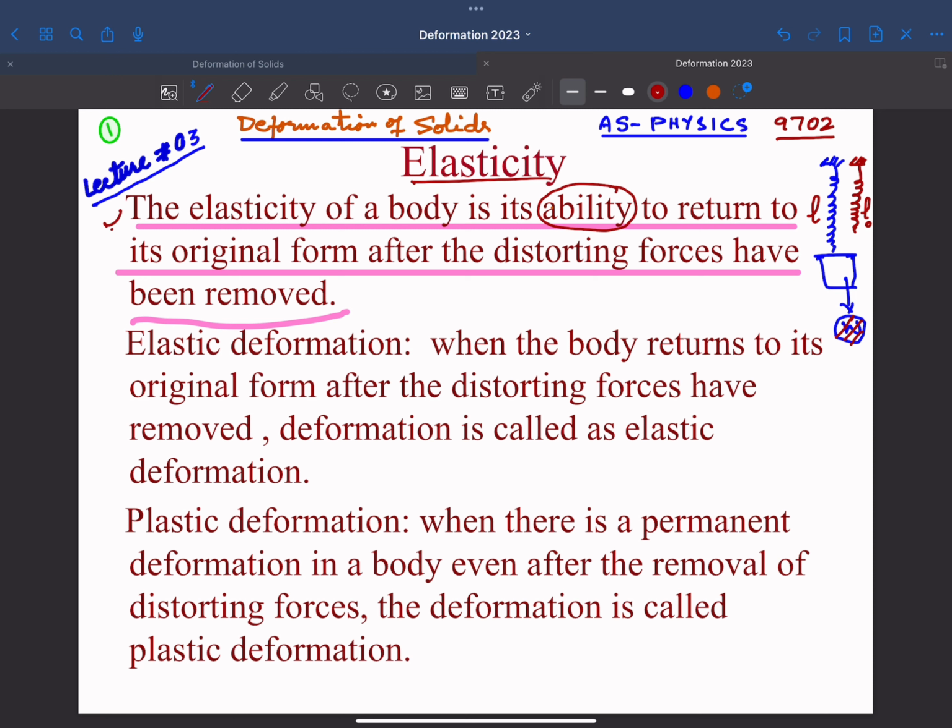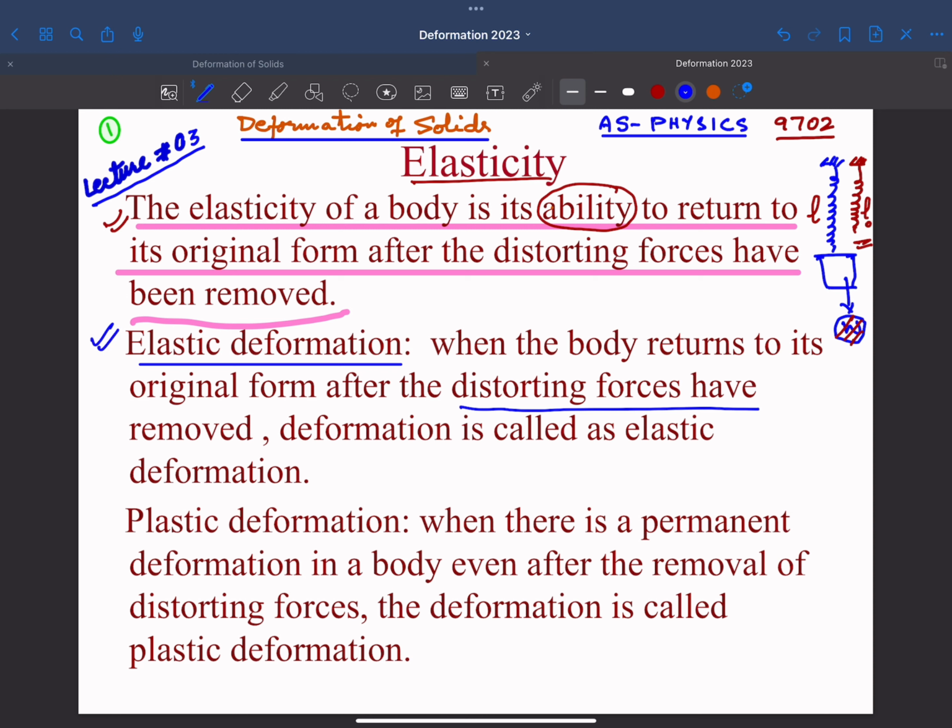You can simply say that if the body is going back to its original length after the removal of the weight, then the elasticity of that object is good. So this is the elasticity. Now if this is happening in a body, yani when you are removing the distorting forces and the body is going back to its original shape, then the situation will be of elastic deformation.